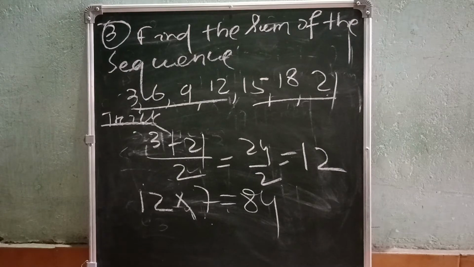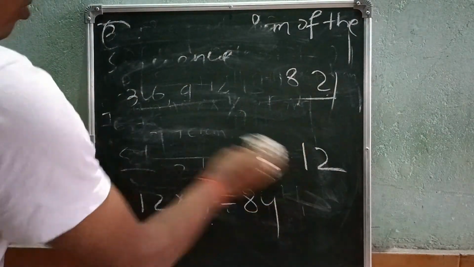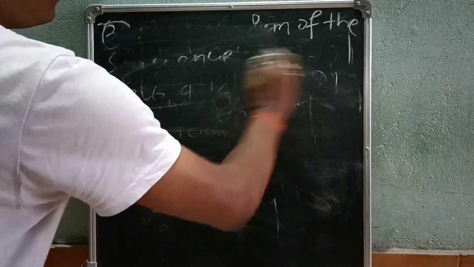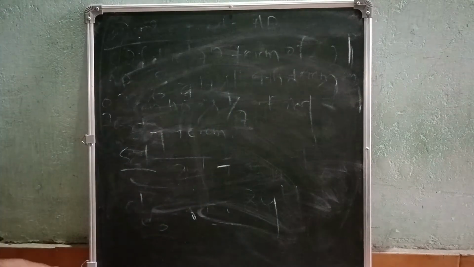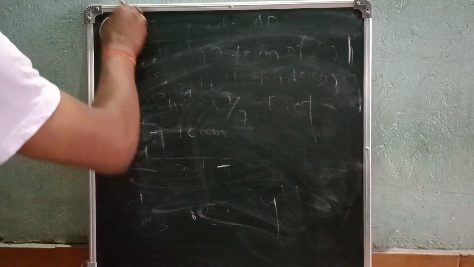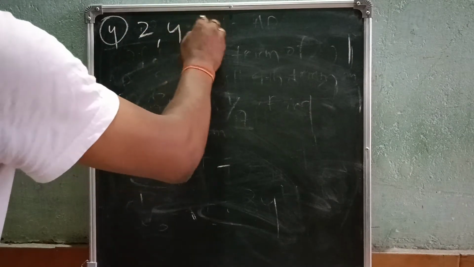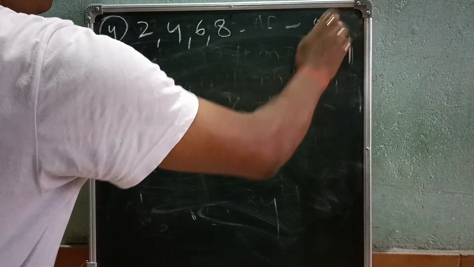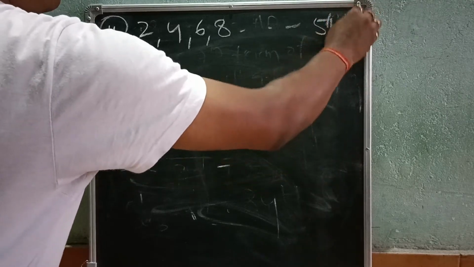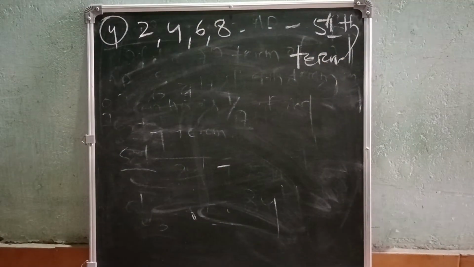Then another question, question number 4. The question is 2, 4, 6, 8, up to the 51st term.